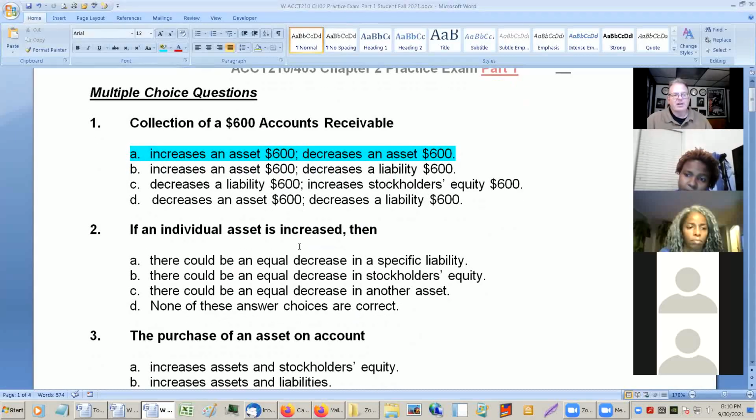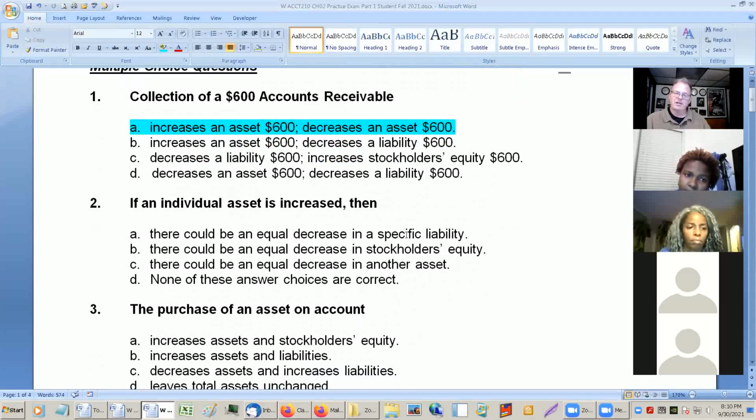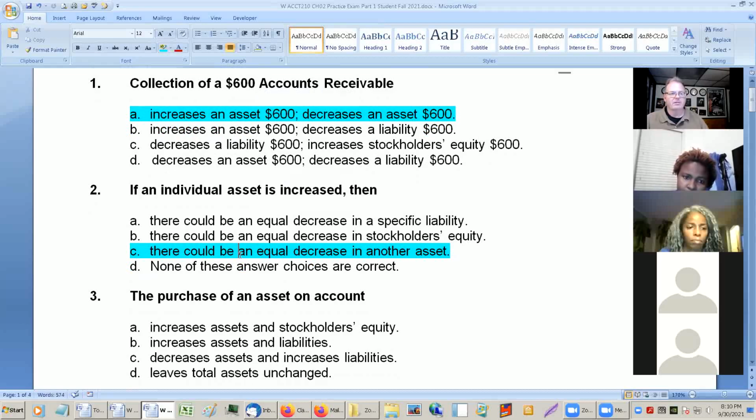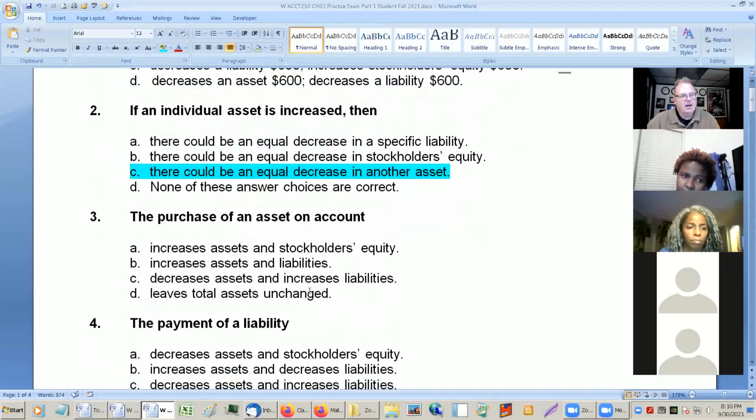Okay, if an individual asset increased, this is all that assets equals liabilities plus owner's equity thing. So if an asset increases, to make it balanced, liabilities would have to increase, and so would stockholders' equity. But you could have C, which you guys picked. Actually, this one right up here: increase in an asset, decrease in an asset.